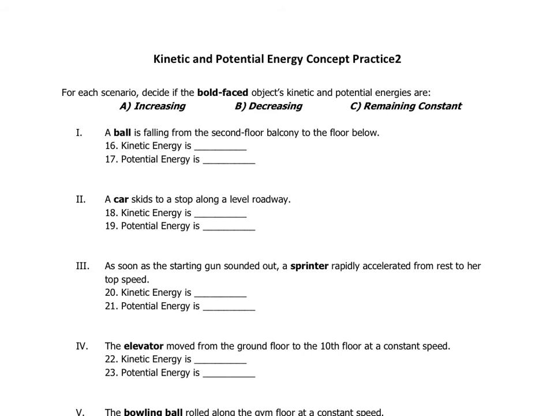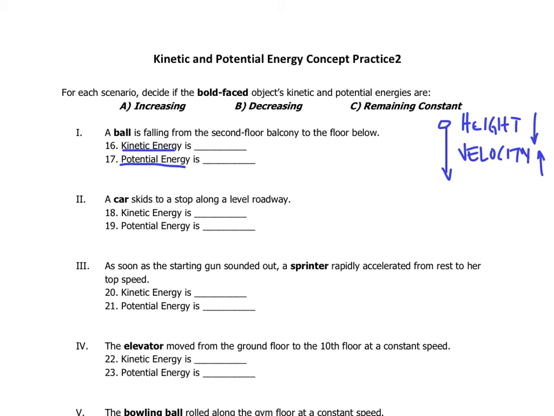So I want to know two things. I want to know about the kinetic energy and the potential energy. So if the ball is falling, that means it's starting at one position and it's going downward. So what's changing? Well, the height is certainly changing. We'll say that height is decreasing. Velocity. We know that as things fall due to gravity, their velocity increases.